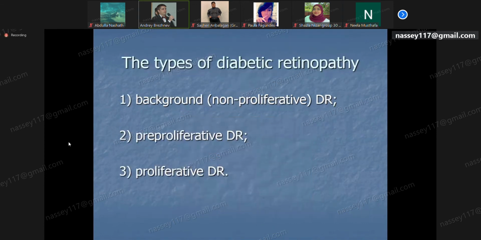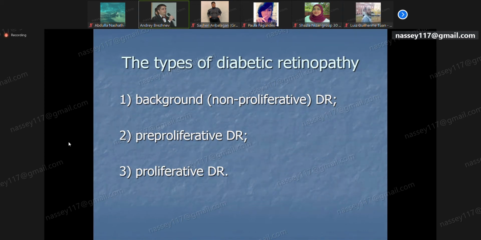Clinically, there exist three main types of diabetic retinopathy, or maybe more correct would be to say steps of development of diabetic retinopathy. The first stage or grade, background, or the so-called non-proliferative diabetic retinopathy. Then pre-proliferative diabetic retinopathy and proliferative diabetic retinopathy.